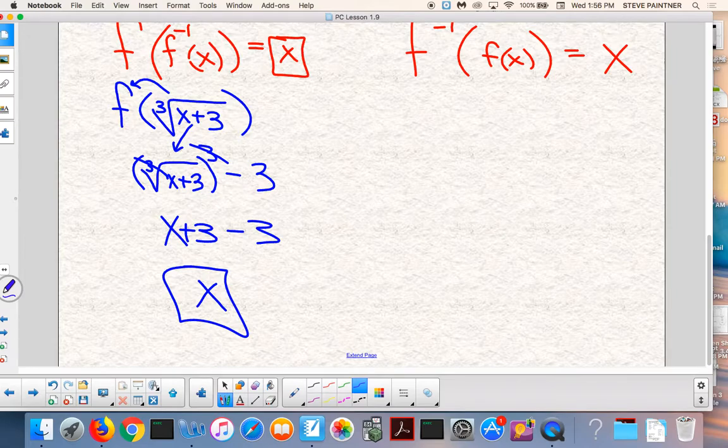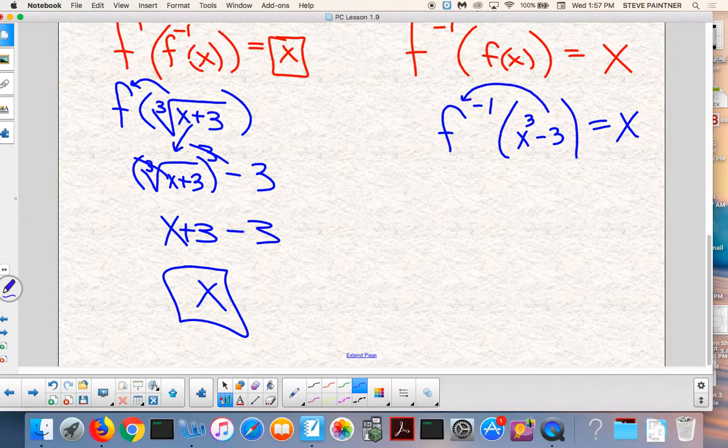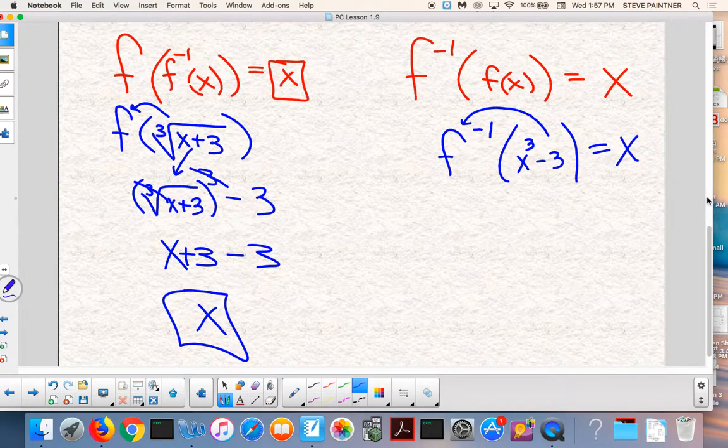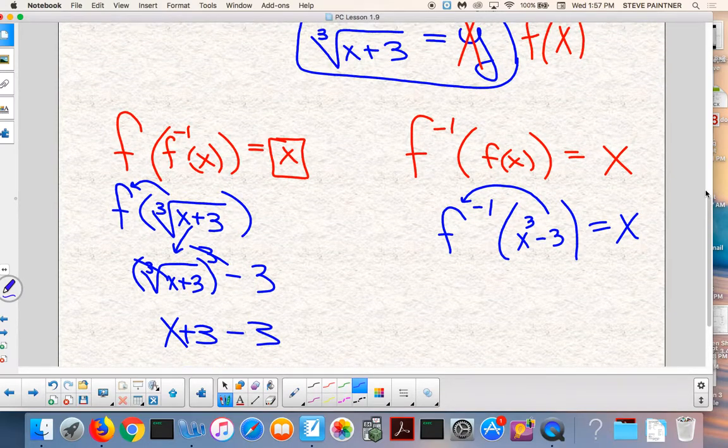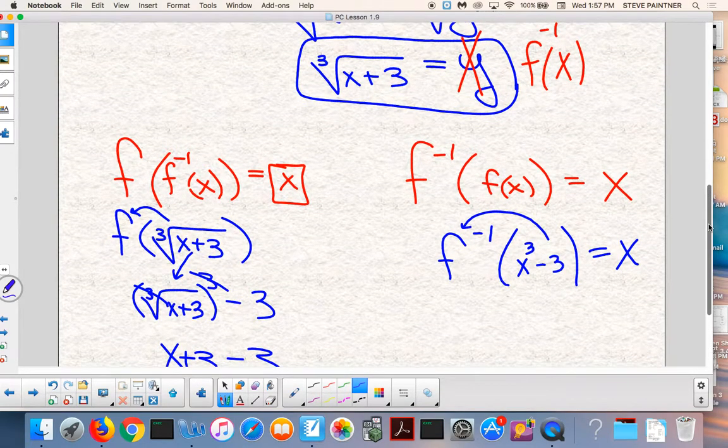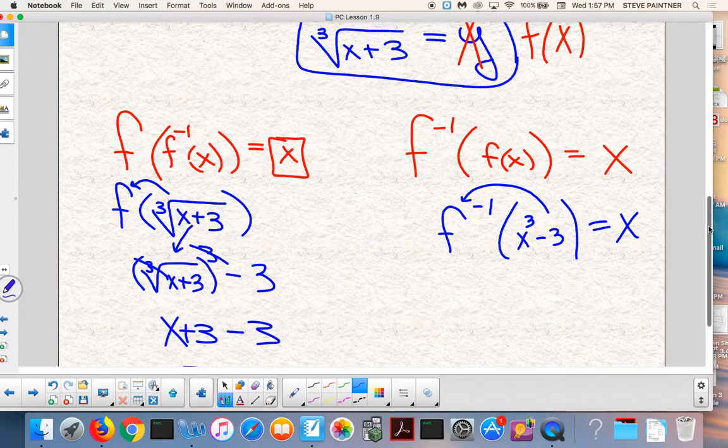F inverse of f of x. Well, hang on. What's f of x? X cubed minus 3. Okay, that goes into the inverse. Well, the inverse is just a little higher up. There's the inverse, right? So this number has to go where? Right there.